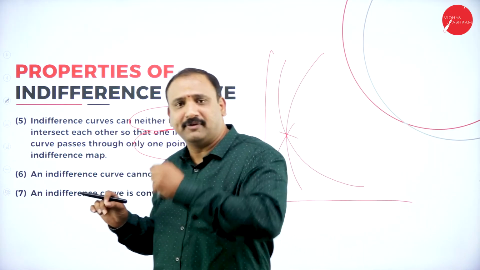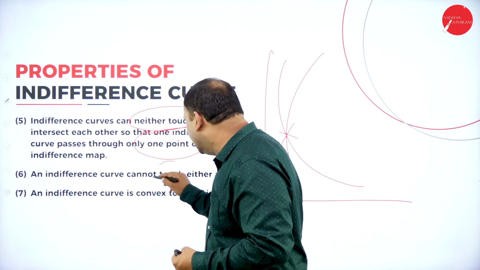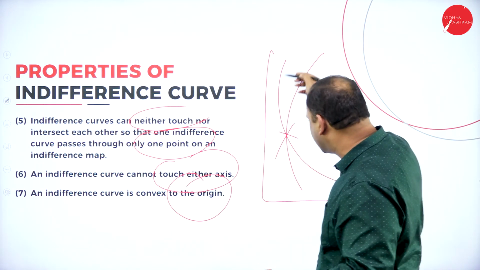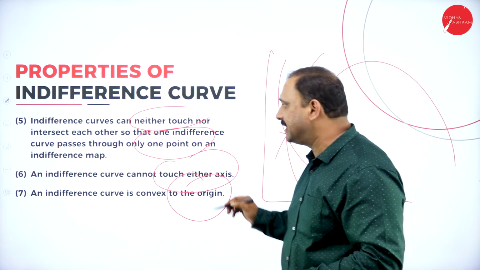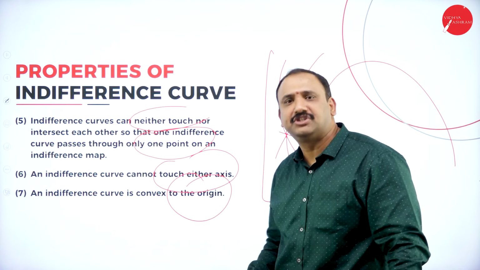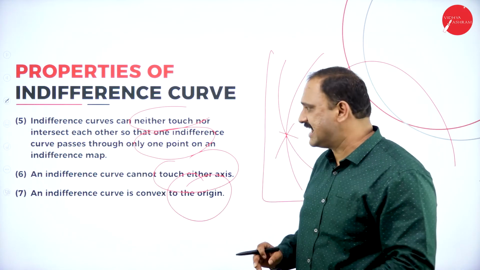There's only one point where it just starts sloping downwards. The next thing is that it will not touch either axis and they are convex to the origin. They're always convex. You cannot get a graph like this back again. That is not accepted at all in the indifference curve. So this keeps coming up again and again in the indifference analysis.